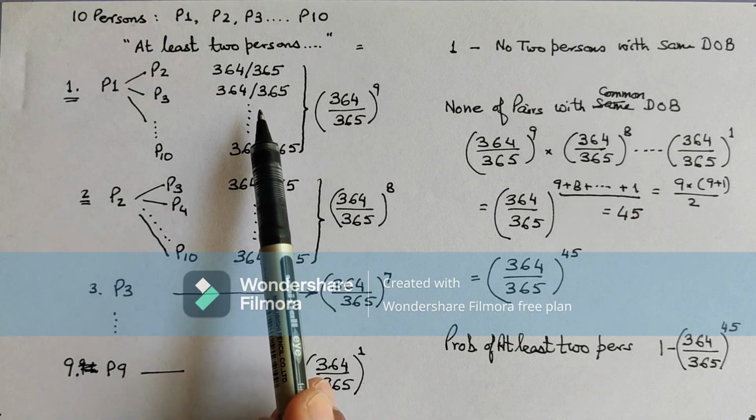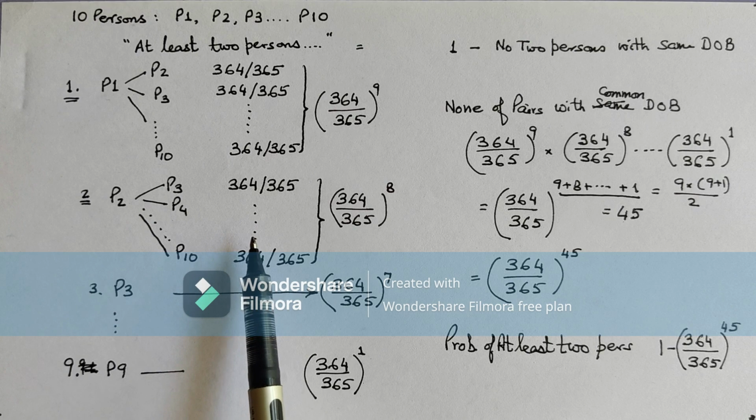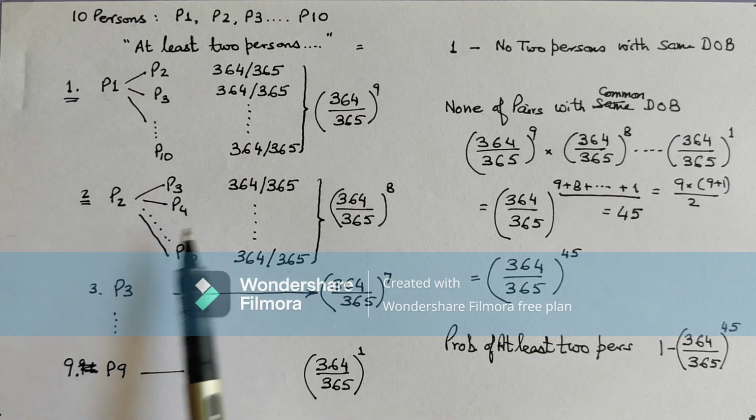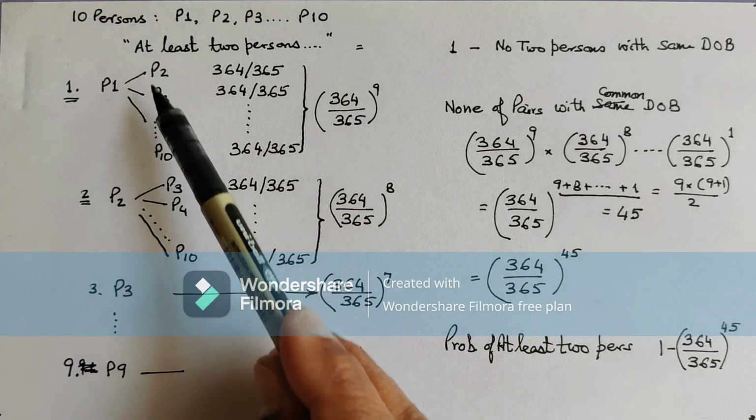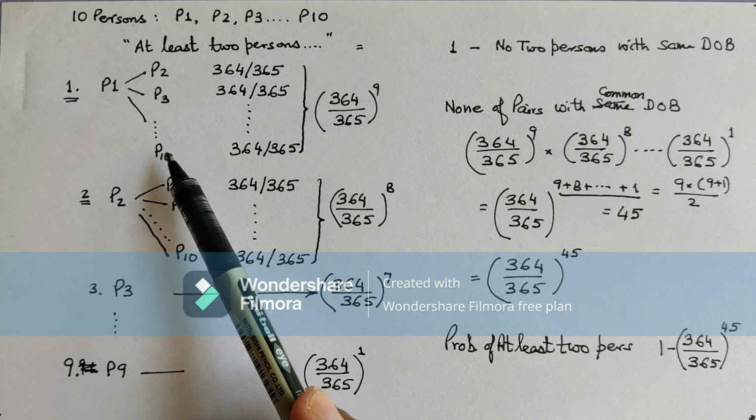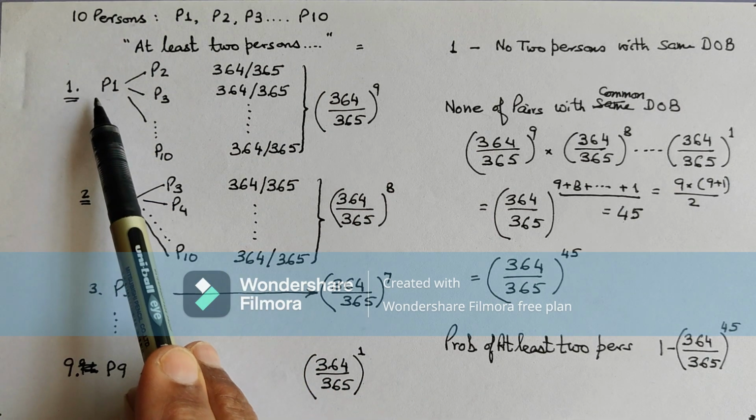Did this event impact the probability here? Do we know anything by now which will change our assessment of the probability? We know that P2, P3, P4, up to P10, none of them had this date of birth.